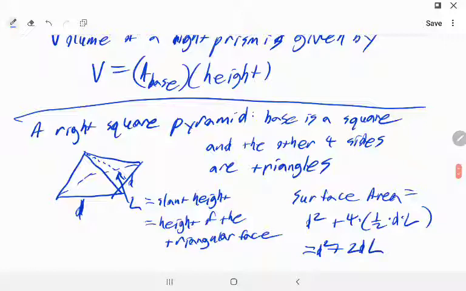I think your textbook uses s instead of d for the side lengths, but when you're talking about surface area, using s gets a little bit confusing.